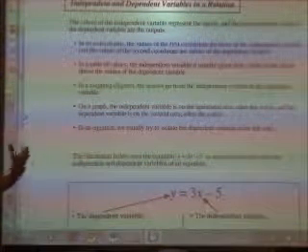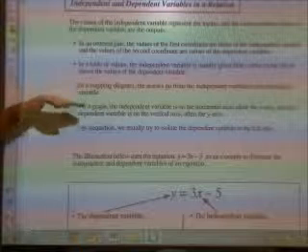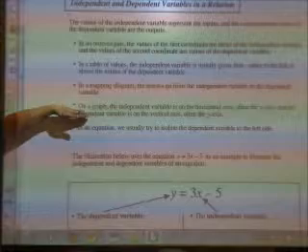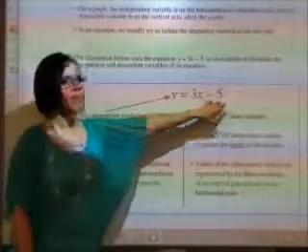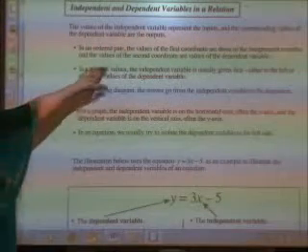Okay? So the independent variable in a table of values is the first column, the first coordinate of an ordered pair. It's the first bubble in my mapping diagram. It's the horizontal axis. And in an equation, it's the part that's with all of the other stuff. The dependent variable in my ordered pair is the second value.